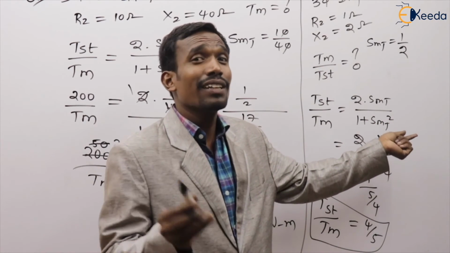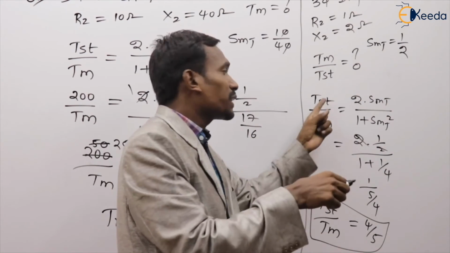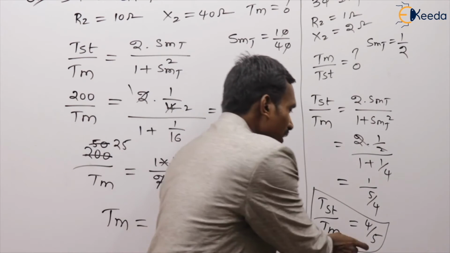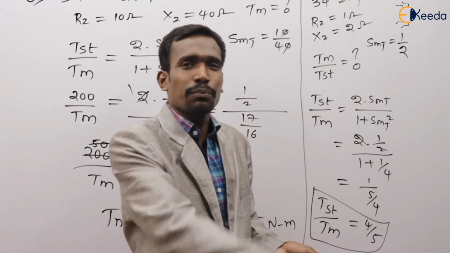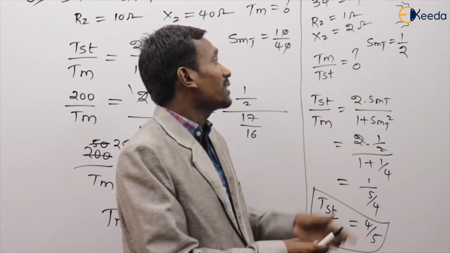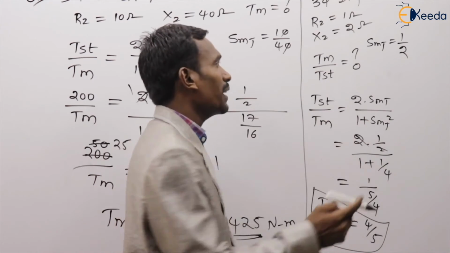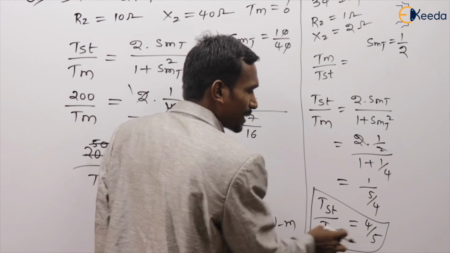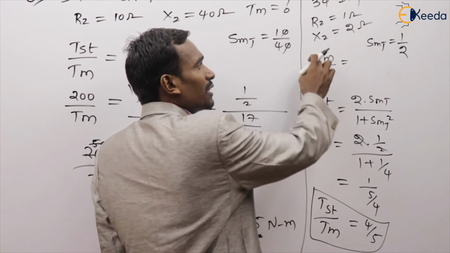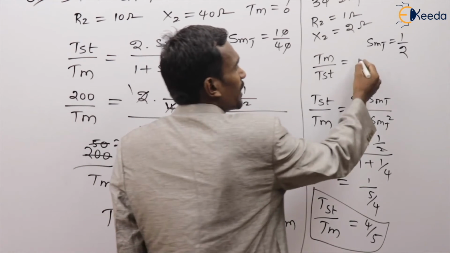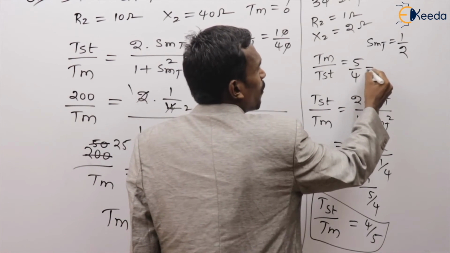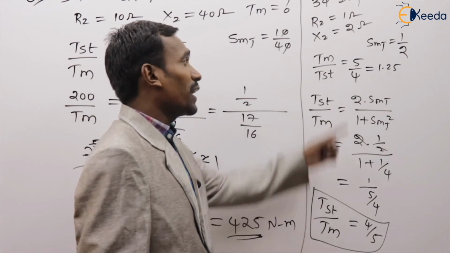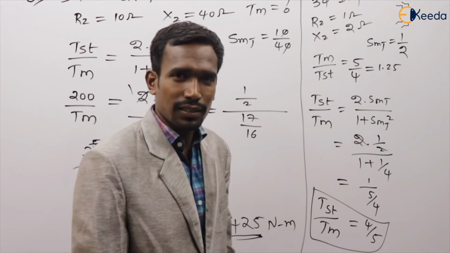That's why they ask in reverse, maximum torque to the starting torque. But people make the same mistake again: after getting this answer they simply put it and forget what the question was. Your answer, starting torque to the maximum torque, is 4 by 5. But my question is maximum torque to the starting torque, so the answer is 5 by 4, or 1.25.